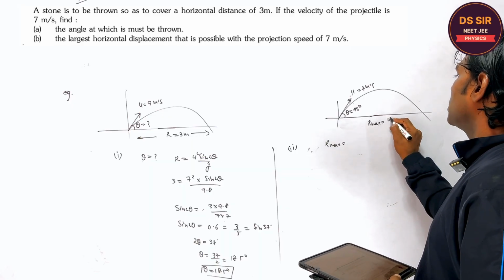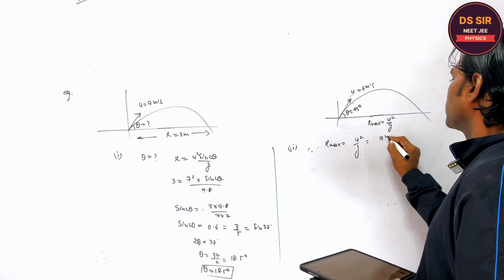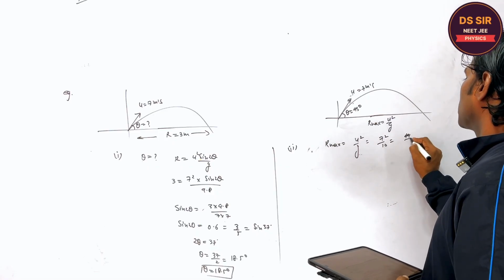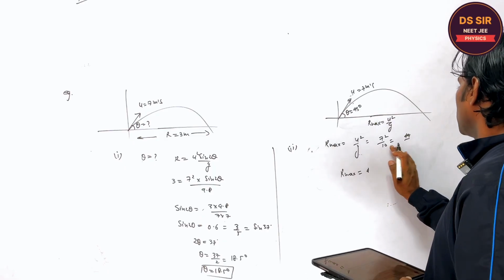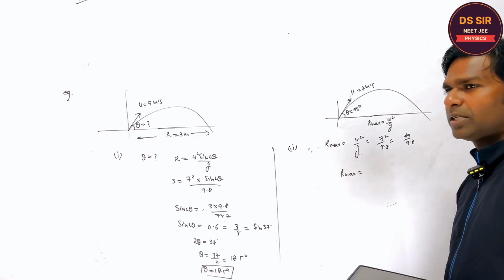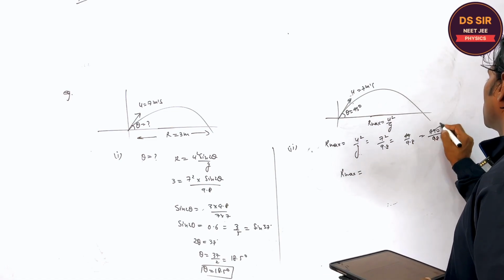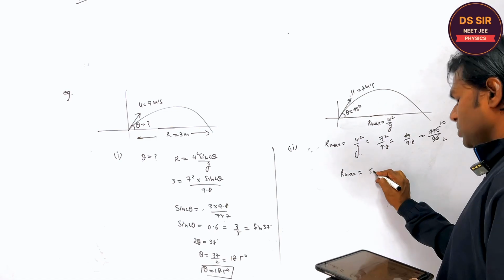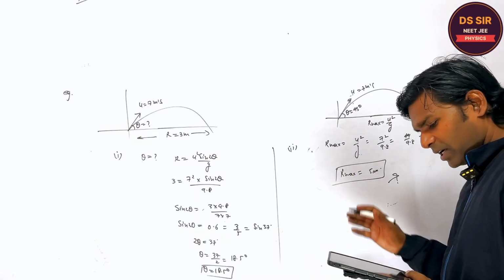Say u square upon g. So u square upon 9.8, taking the value of g as 9.8. Is it clear or not? So it is 49 upon 9.8, which is 490 upon 98, which is 10 upon 2. The maximum range is approximately 5 meter, which is the correct answer.